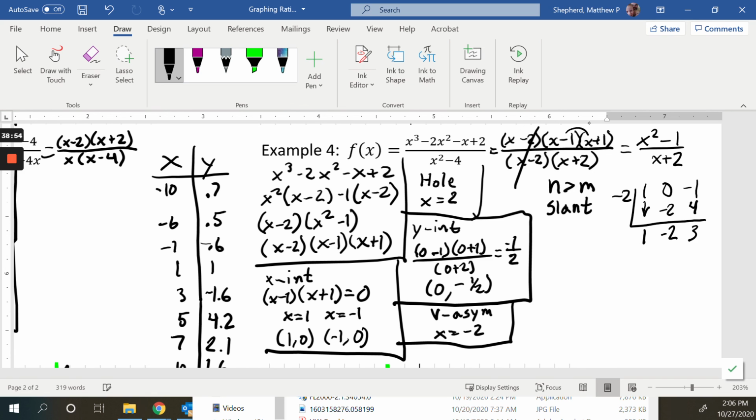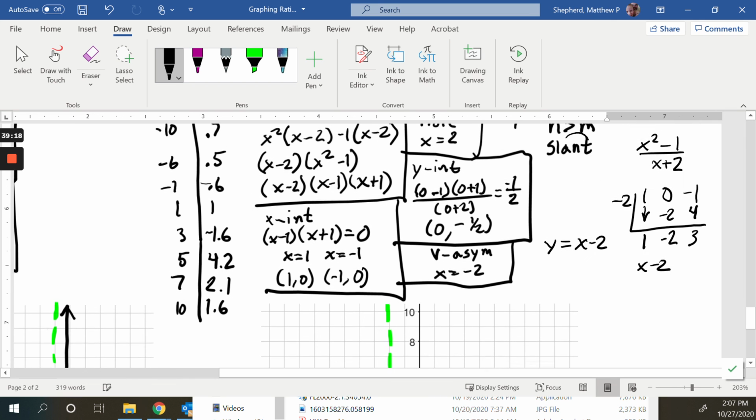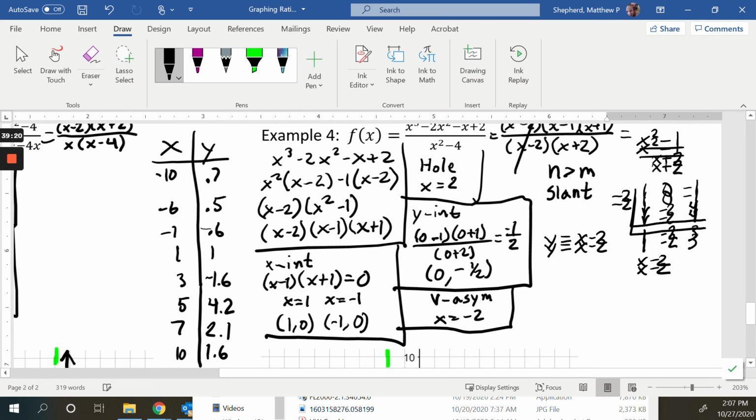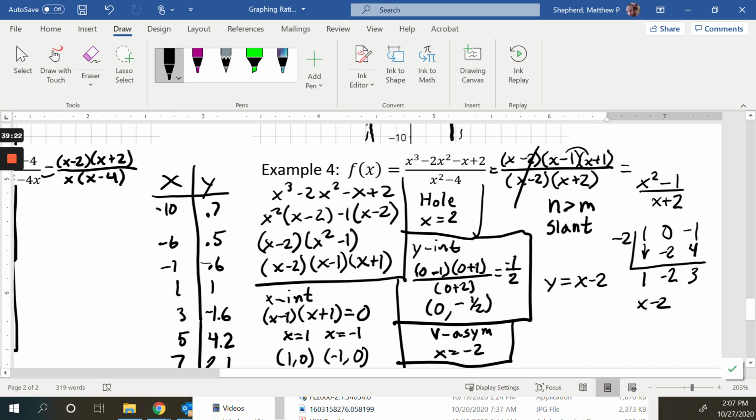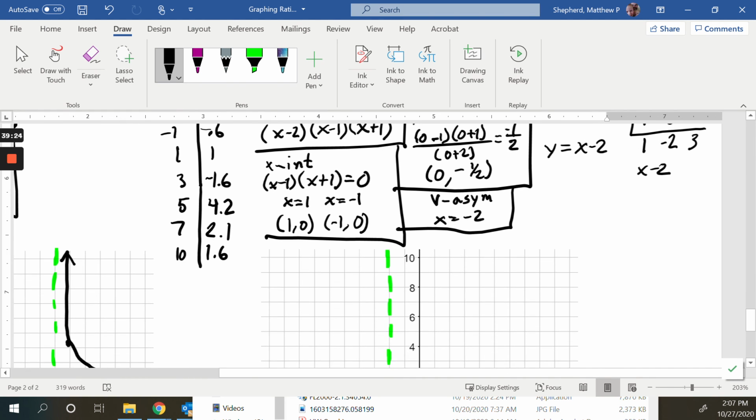Now, I don't care about my remainder here. Remember, slant only cares about the equation without the remainder. So that's a 1x minus a 2. So my slant equation is where y is equal to x minus a 2. Now that's a normal line. So let's go ahead and put that in.